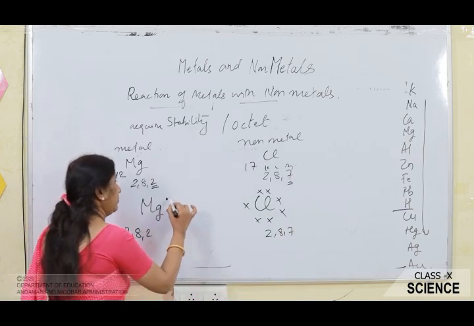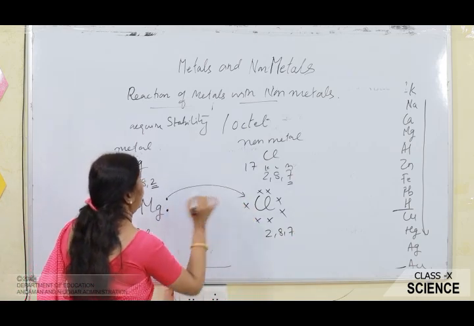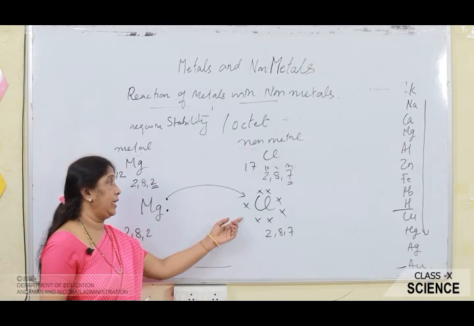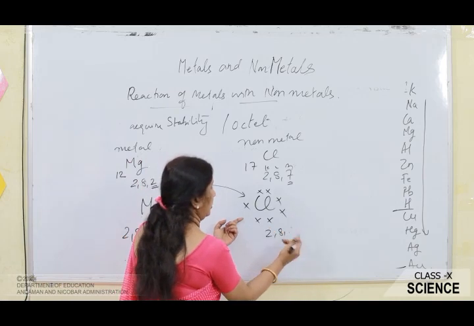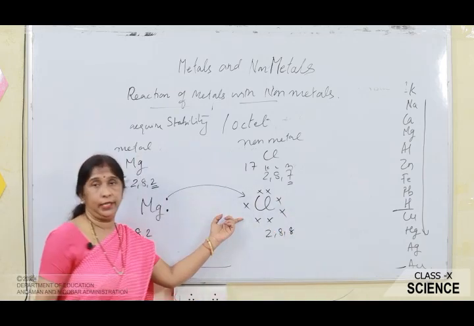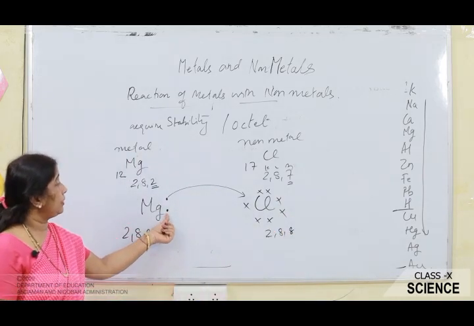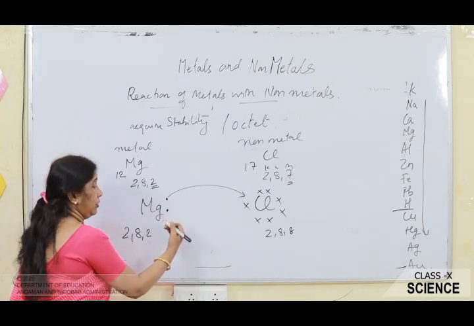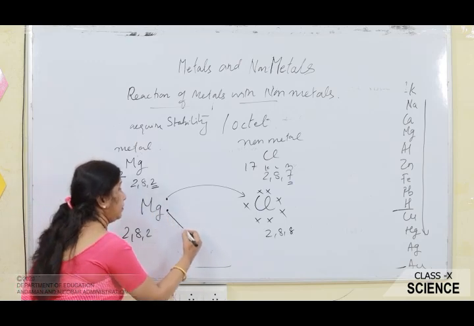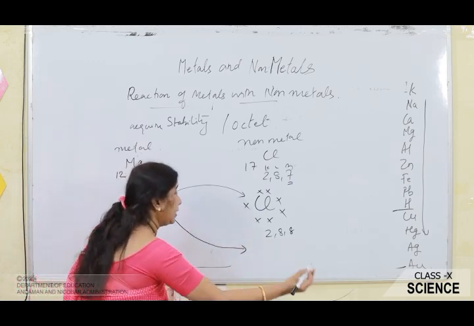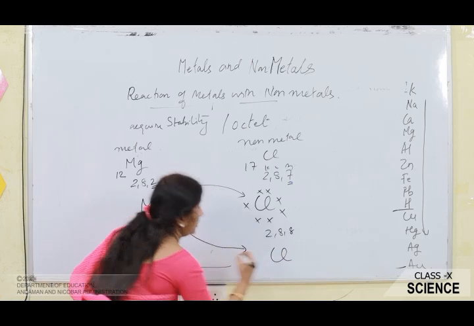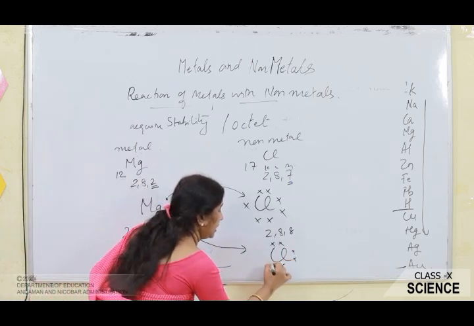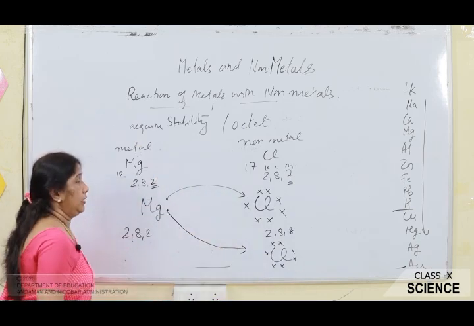Now, this magnesium will lose 1 electron and the chlorine will gain 1 electron, right. Now this chlorine has completed its octet, but 1 more electron is there with magnesium. This 1 more electron that magnesium has, it will transfer to another chlorine atom.